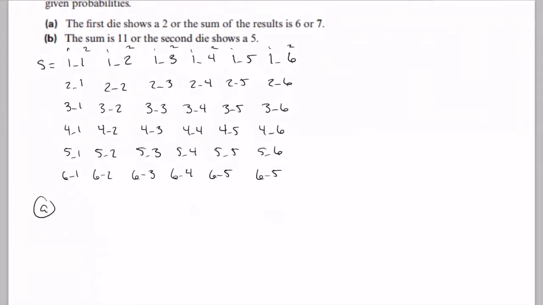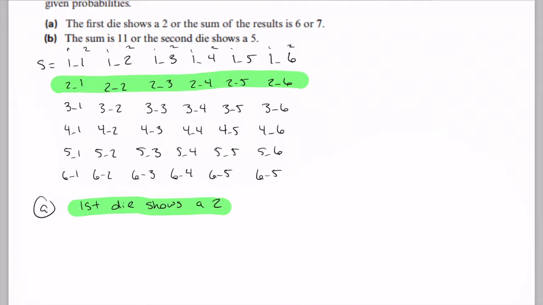Now let's read the question. The first die shows a 2. So let's highlight all the outcomes where the first die shows a 2.